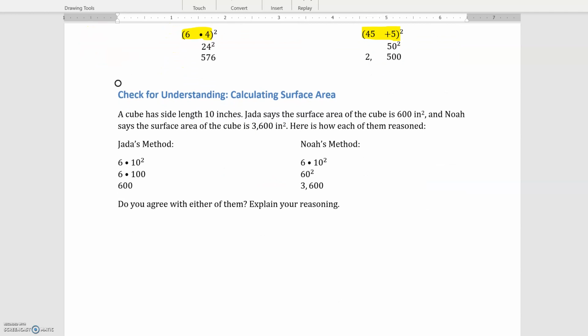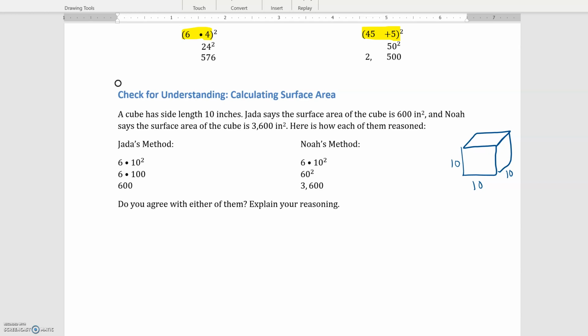Calculating surface area. A cube has side lengths of 10 inches. So I'm going to draw this cube on the side. There's a cube, and each side is 10 inches. Jada says the surface area of the cube is 600 square inches, and Noah says the surface area of the cube is 3,600 square inches.